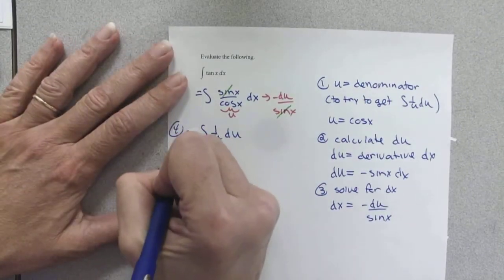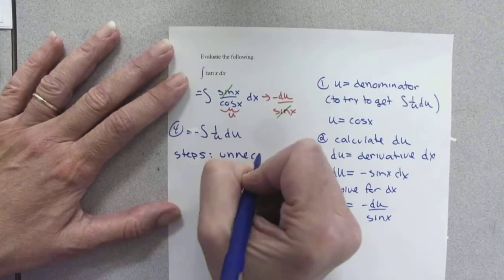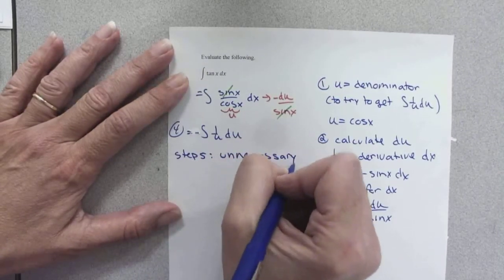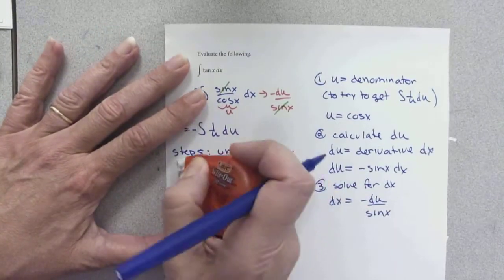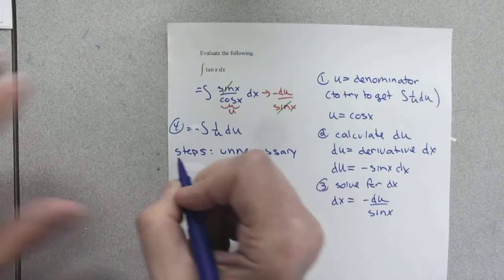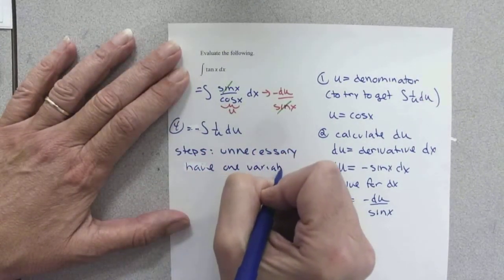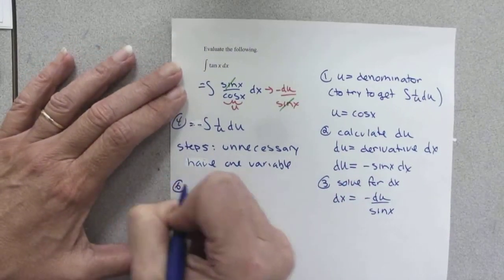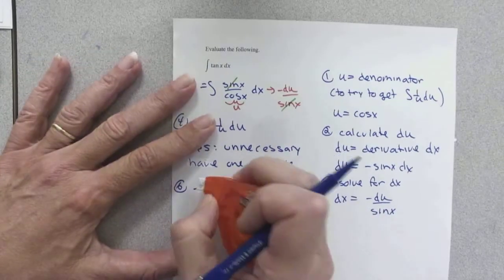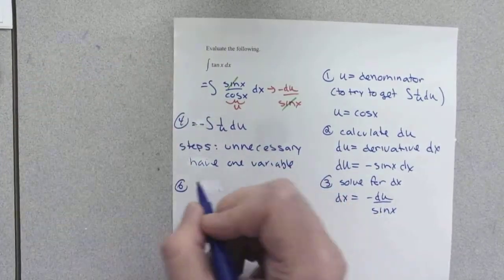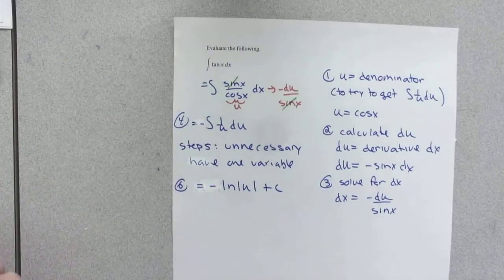Step 5, unnecessary. We will eventually get to it. We have one variable. So step 6, integrating that, and that equals then the natural log of the absolute value of u plus c.